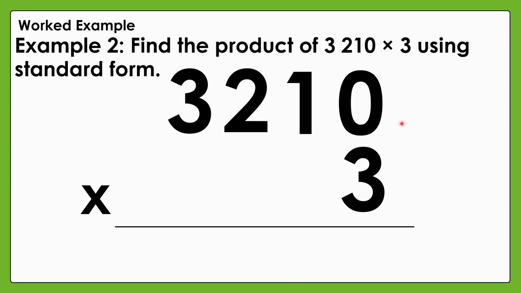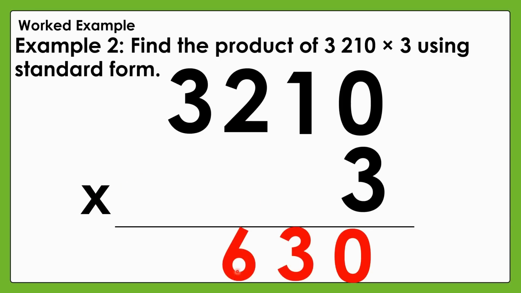Let us solve. 0 times 3 is equal to 0. 1 times 3 is equal to 3. 2 times 3 is equal to 6. 3 times 3 is equal to 9. Therefore, 3,210 times 3 is equal to 9,630.